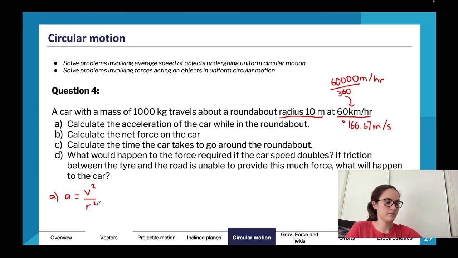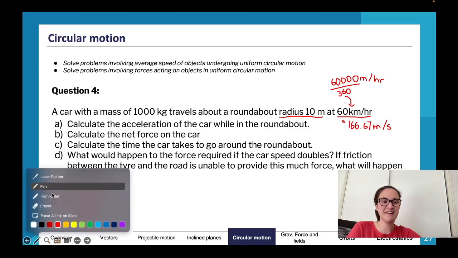So now I'm going to put that number in, 16.67. Sorry, I'll just erase that.